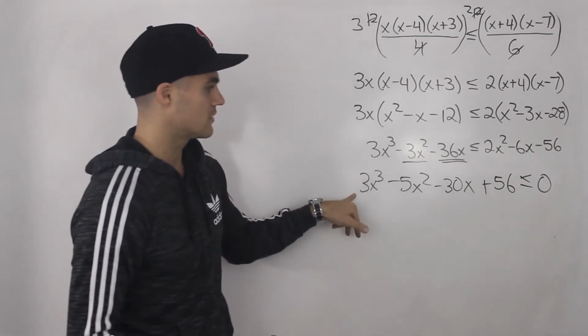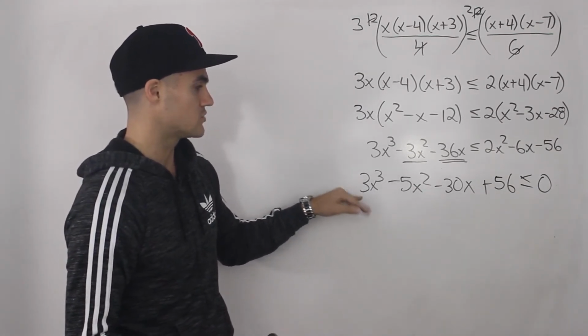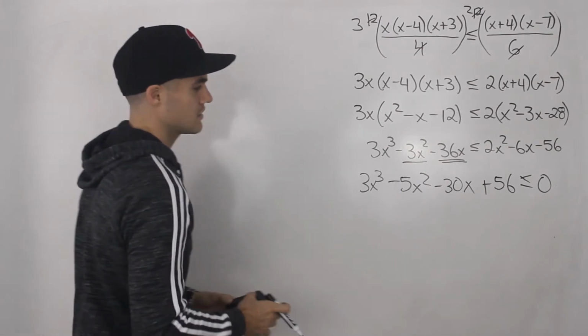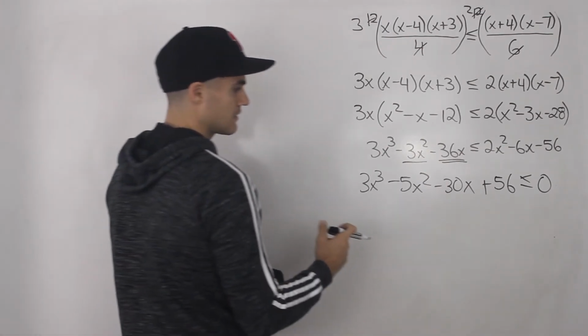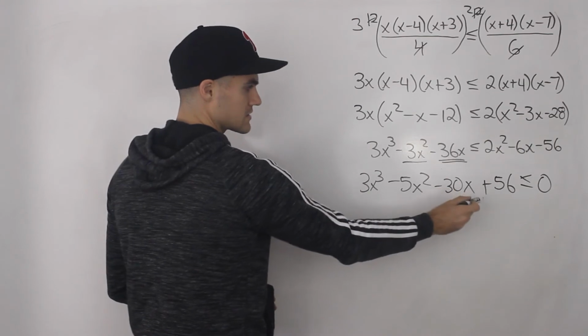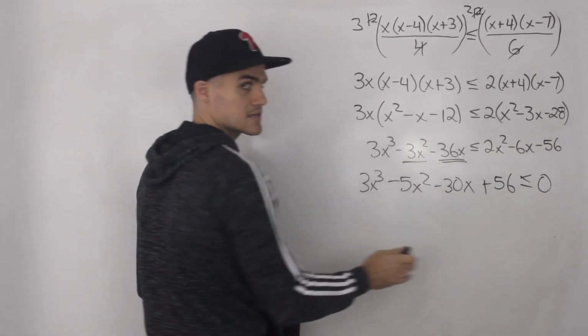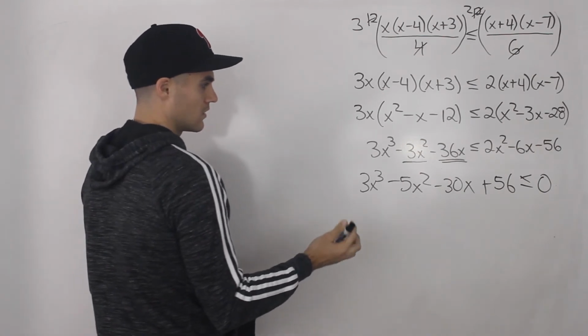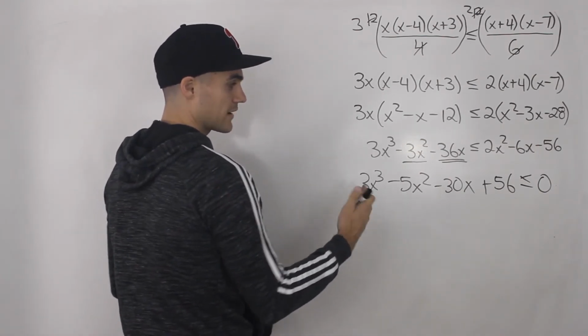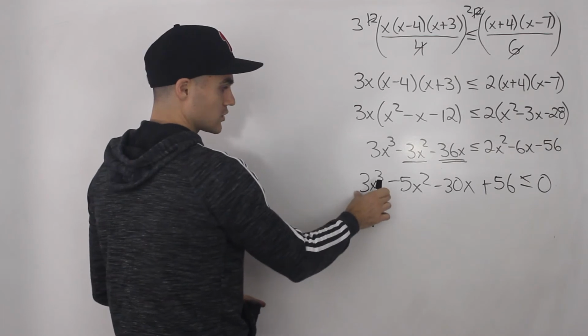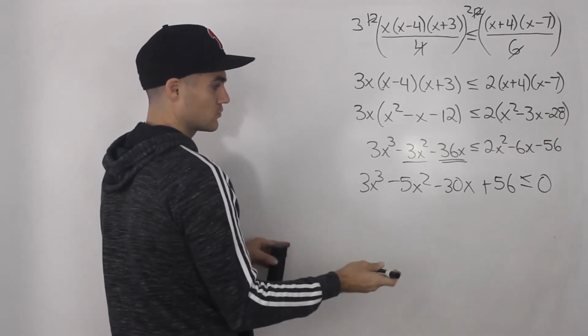Now notice this is a cubic function, so what we have to do is factor it. So first thing you check, can you take anything out? Well, notice we can't take any constants out. And we can't take any variables out because this 56 has no x attached to it. Okay, can we do this by grouping perhaps, right? When it's a cubic, you always want to check if you can factor by grouping.